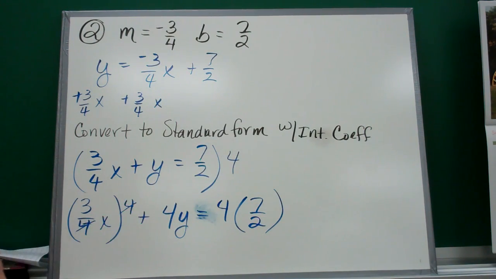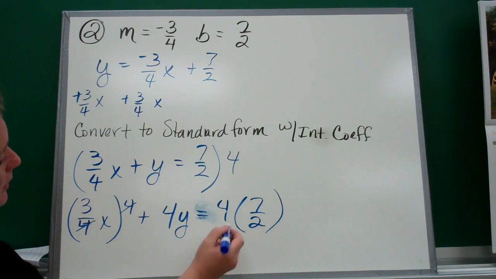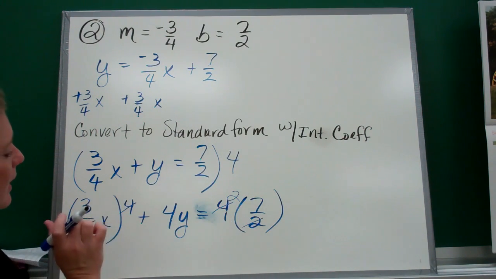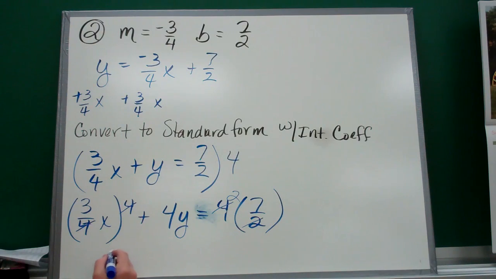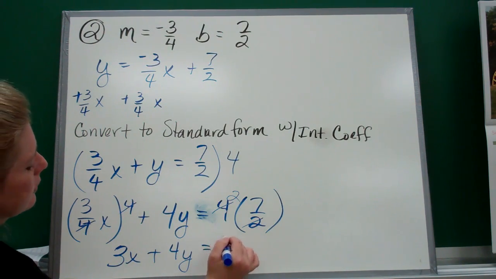The 4's here will cancel. That stays. 2 goes into 4 how many times? 2 times. So now I've got 2 times 7. And that leaves us with 3x plus 4y equals 14. Integers.